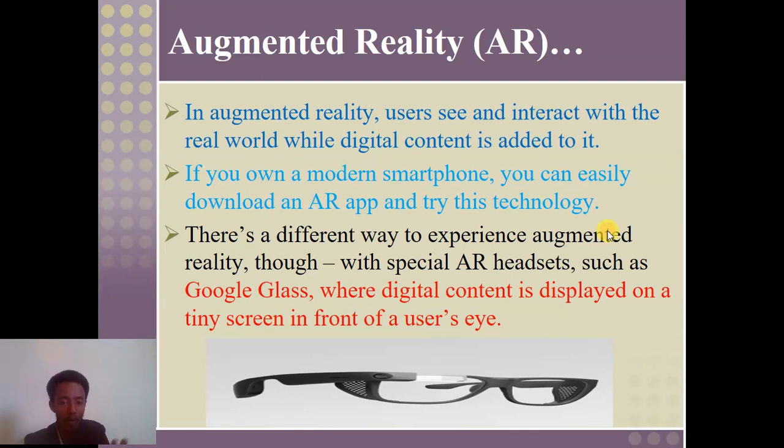In augmented reality, users see and are able to interact with the real world while digital content is added on top of the real environment. Just by using a number of different devices, we are able to interact, and also we can visualize the visual content that has been added to the real world entity.